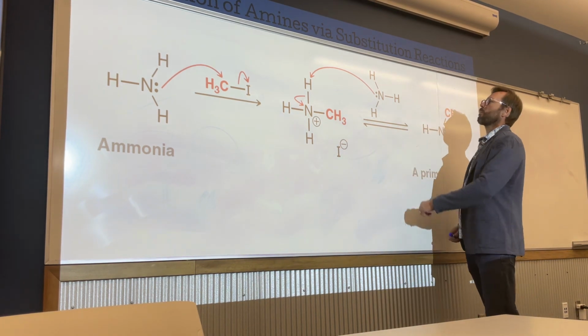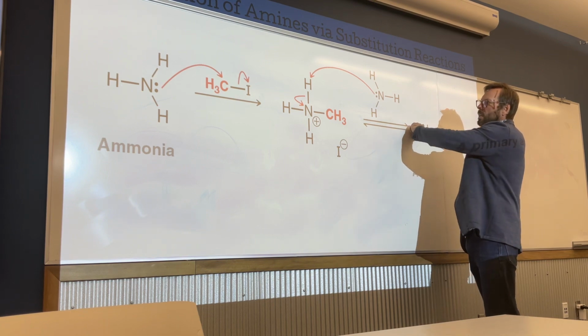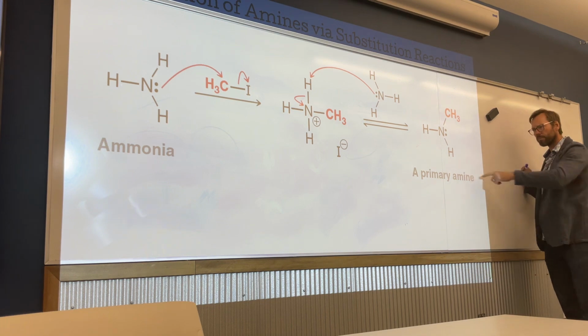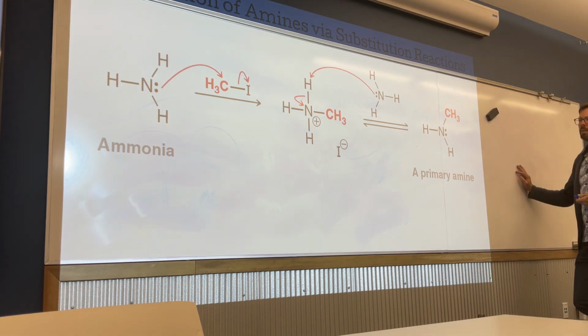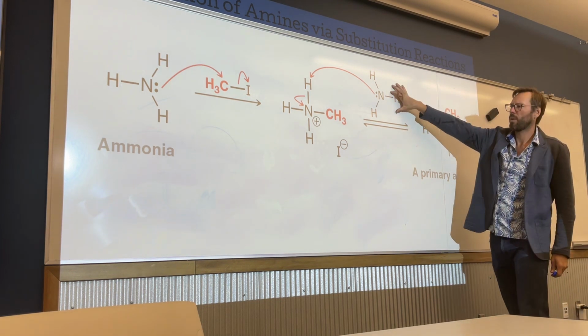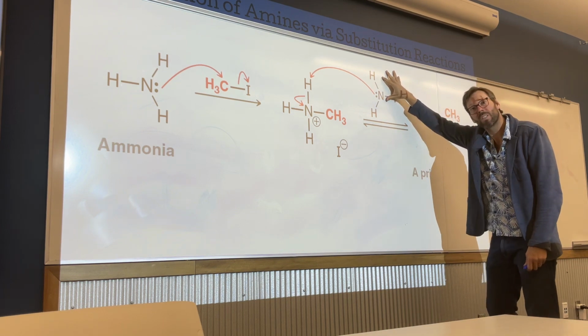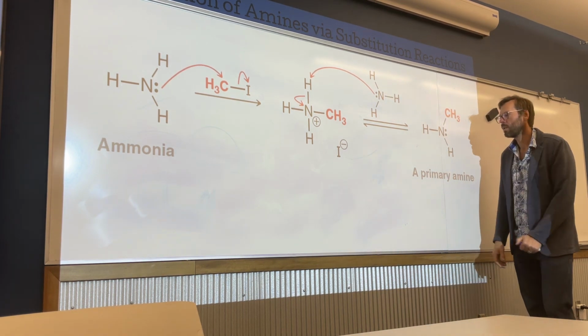And then we can continue to do this to form this product here. It's going to get rid of that hydrogen because remember, we end up making ammonium in here. It's basic, it's going to accept the protons.